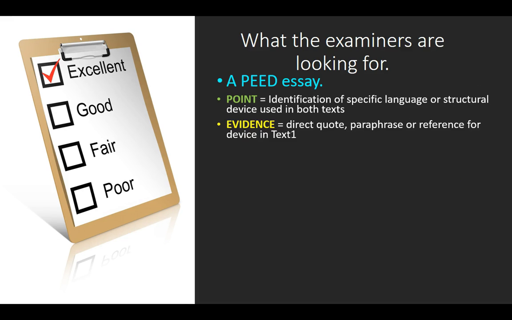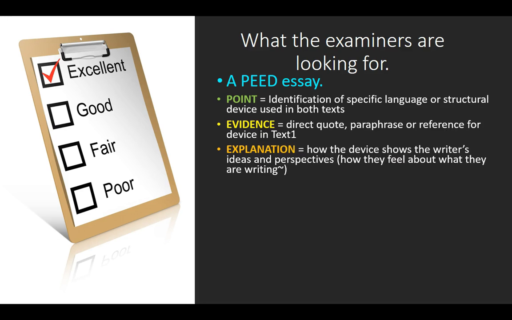The first bit of evidence needs to be from text 1, and it can be either a direct quote, paraphrasing or referencing. Okay, and then the explanation that you give of that piece of evidence needs to be how that particular device within the context of that specific text is showing something about the writer's feelings, their thoughts about their subject matter, the event, the theme, whatever it is that you're comparing and contrasting.